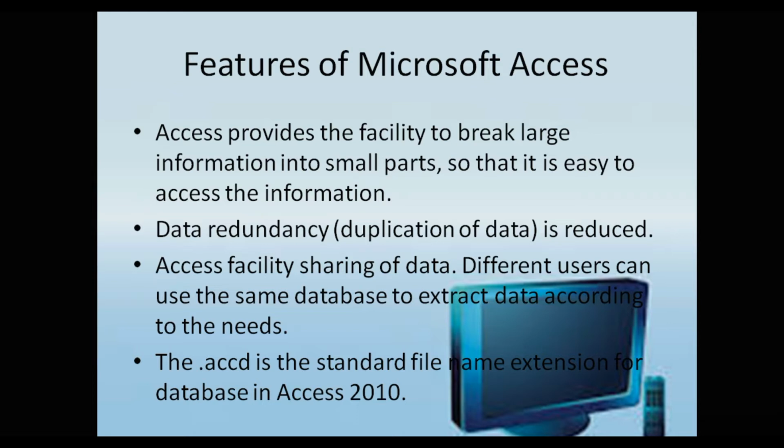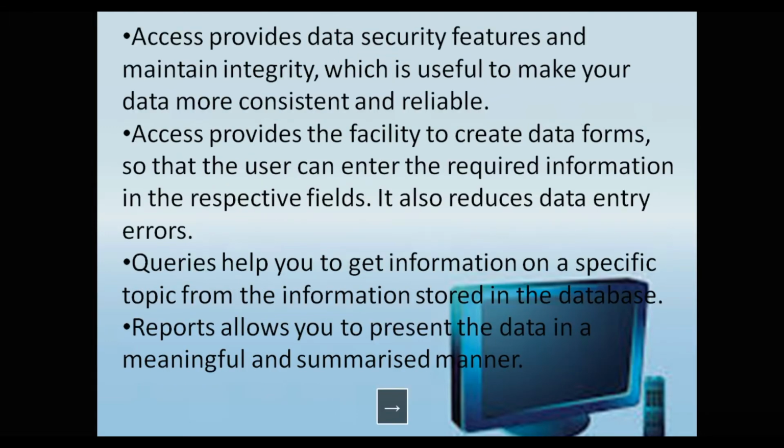This is very important, that in MS Access the file is saved with an extension of .accdb. Whatever the name of your file is, after that there would be .accdb.